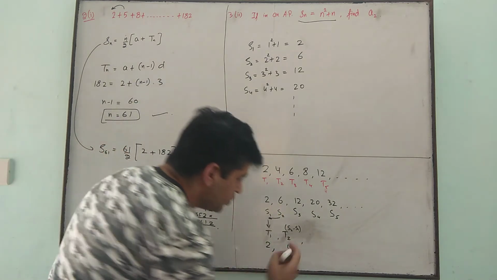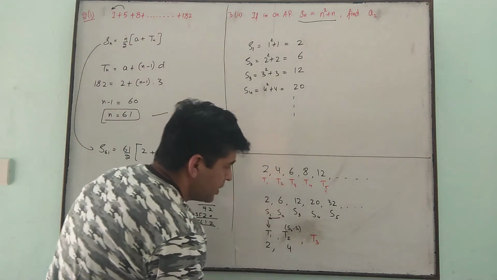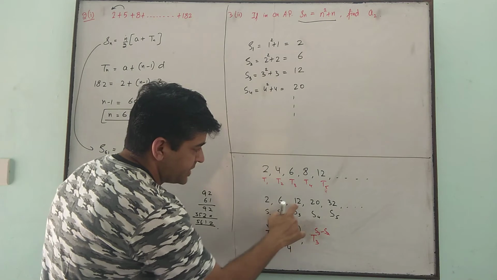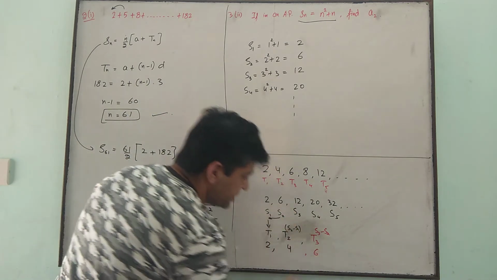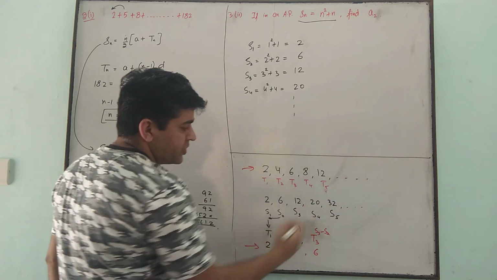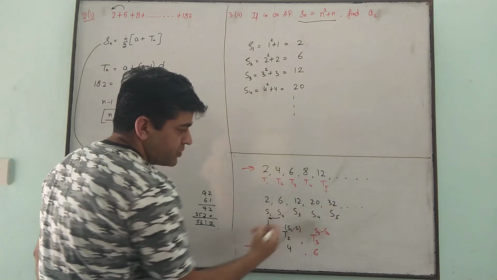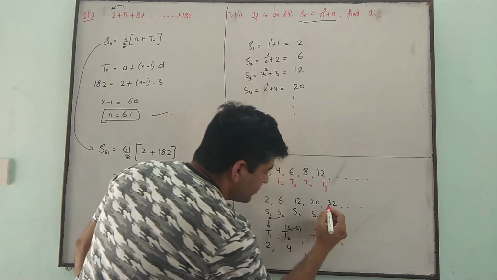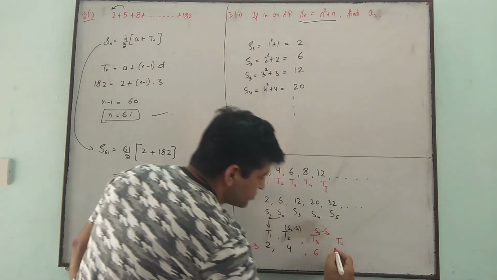T3 will be equal to S3 minus S2. That is 12 minus 6, next will be 6. See, now we are getting the sequence of terms. This is the sequence of sums. So T4 is S4 minus S3, that is 8.